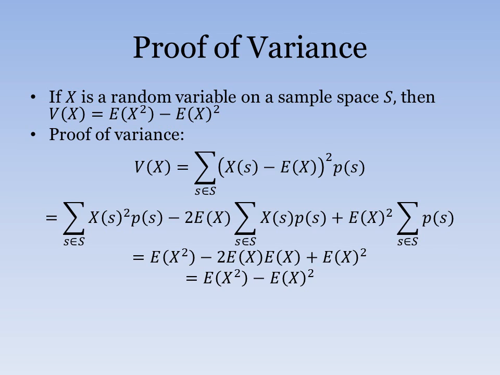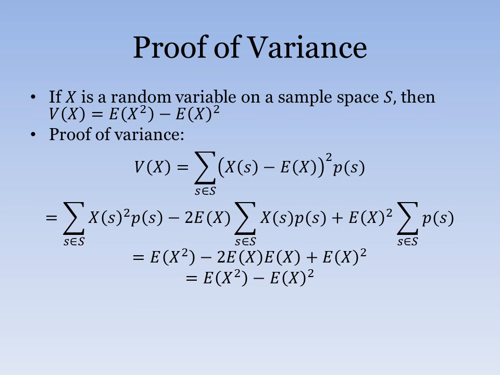If X is a random variable on a sample space S, then the variance is also equal to the expected value of X squared minus the expected value of X, whole thing squared. And here's a proof. The variance of X is equal to the sum of this here times p(s). This is the deviation shown in the previous slide.